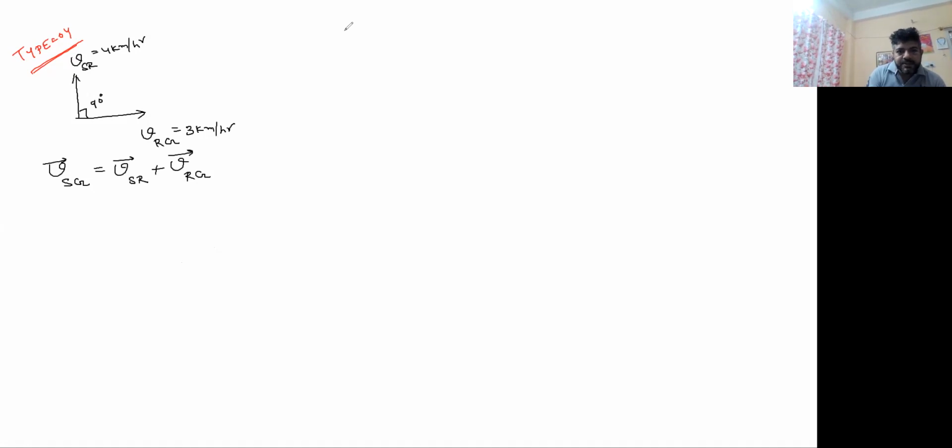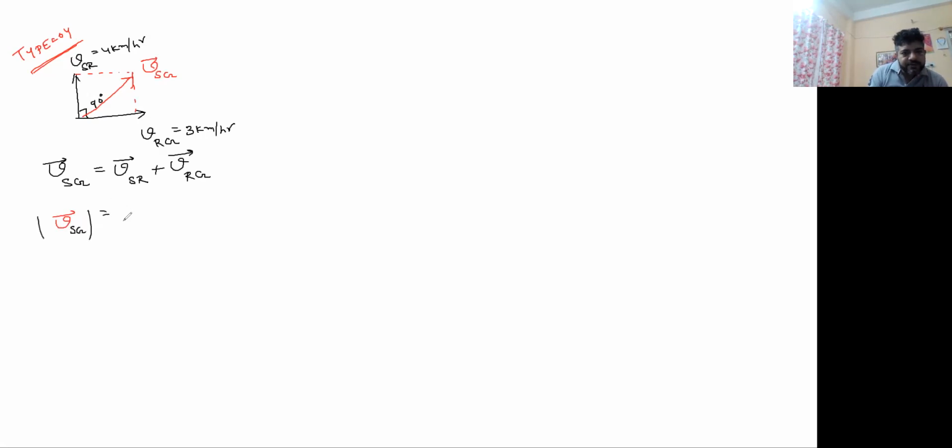So how do I get the resultant velocity of the swimmer with respect to ground? It is the resultant of these two vectors, meaning addition of two vectors, and they are at 90 degrees to each other.